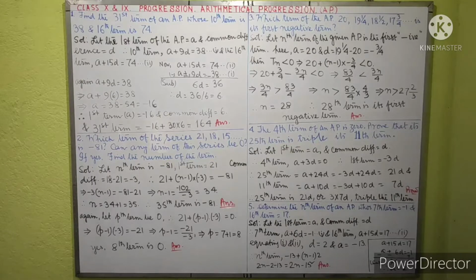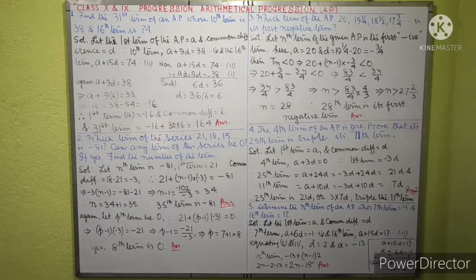You must know the formula that any term, the nth term, equals the first term plus (n minus 1) into d. With this formula we have calculated the 10th and the 16th term. After having the simultaneous equations and solving, we get A equal to minus 16 and D equal to 6.